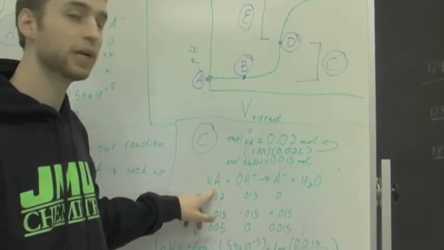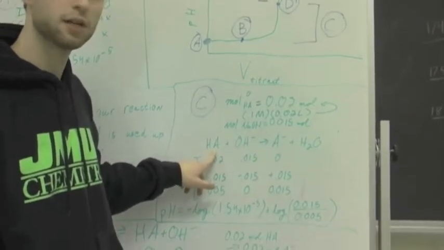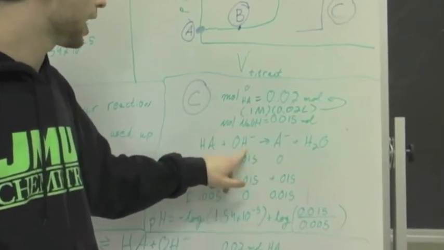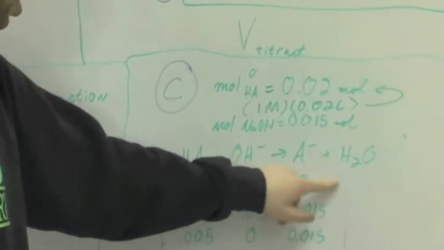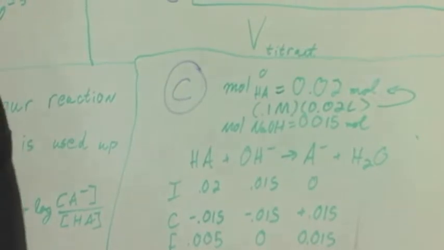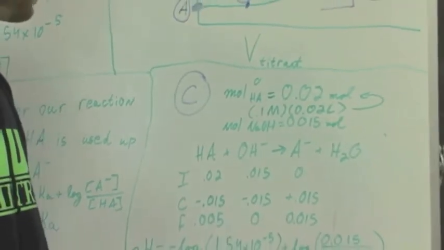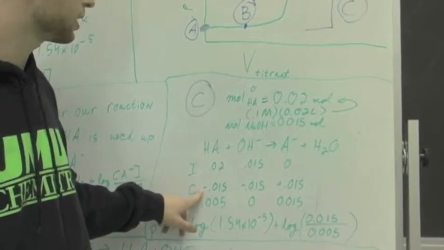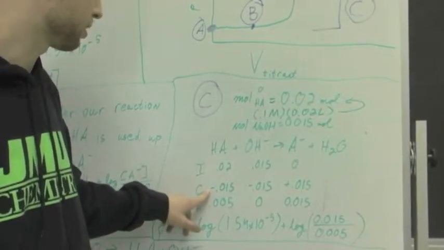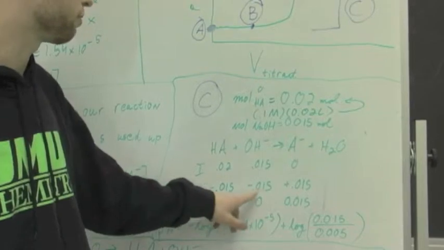This is my overall reaction right now. Remember, I started out with conjugate acid, I added strong base, and that's going to make conjugate base and water. Now remember, I never care about water, so I'm leaving it out. Then I go through and I subtract out the smallest number that I have here. So everything loses 0.015.